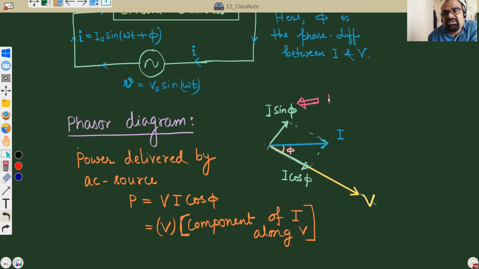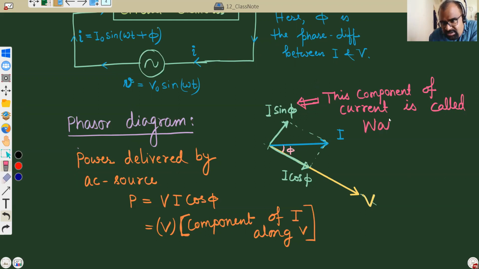This component of current is called wattless current.